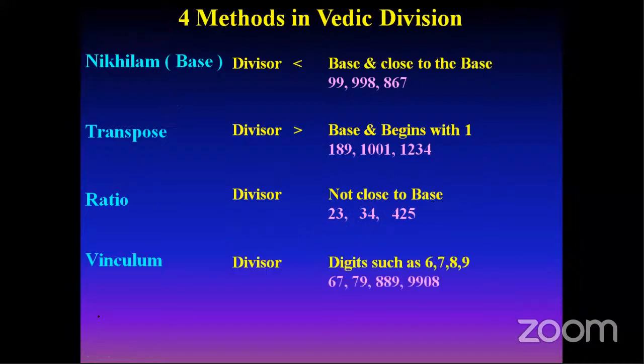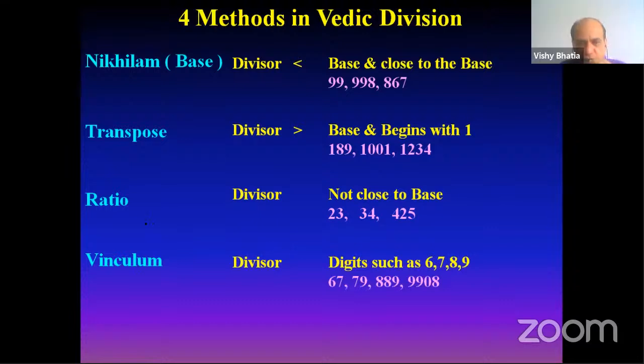Finally, we have something called the Vinculum method. By now you must be aware of the fact that Vedic mathematics does not entail the use of 6, 7, 8, and 9. We vinculumize these particular digits in the divisor.